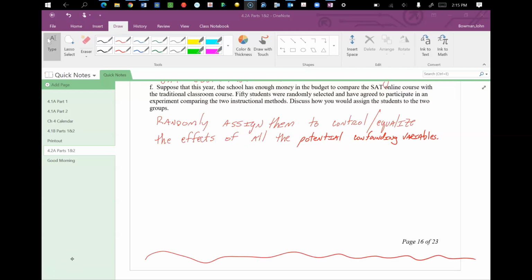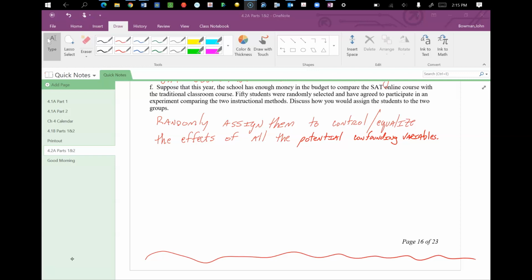So this was the example that we left off with in the previous video, and it went something like this. Suppose that this year the school has enough money in the budget to compare an SAT online course with the traditional classroom course. 50 students were randomly selected and have agreed to participate in an experiment comparing the two instructional methods. Discuss how you would assign students to the two groups.